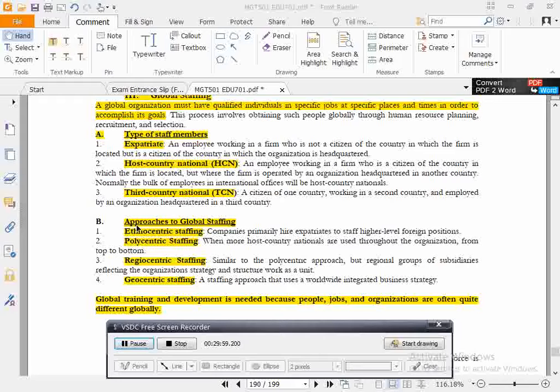Appropriate approaches to global staffing: ethnocentric staffing, polycentric staffing, regiocentric staffing, geocentric staffing.